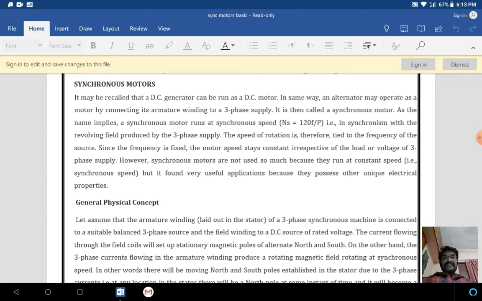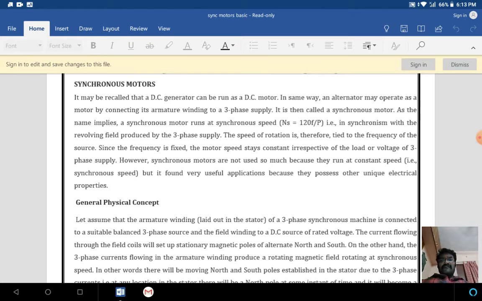The speed of rotation is therefore tied to the frequency of the source. Since the frequency is fixed, the motor speed stays constant irrespective of the load or voltage of the three-phase supply. Synchronous motors always run at synchronous speed, a constant speed.